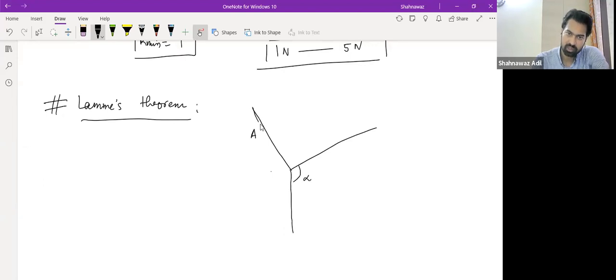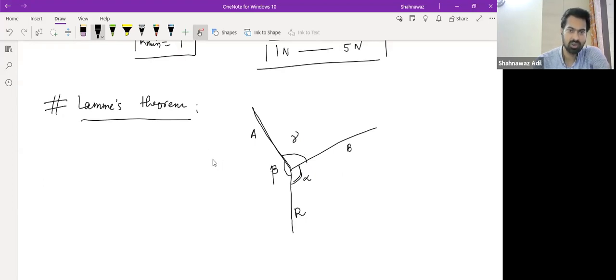So this length is A, and this angle is alpha, whatever angle is opposite to this length. And then you have this B, and this angle is beta, and you have this R, and this angle is gamma. Okay.